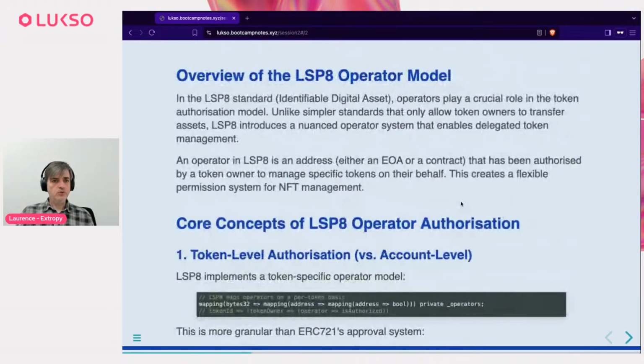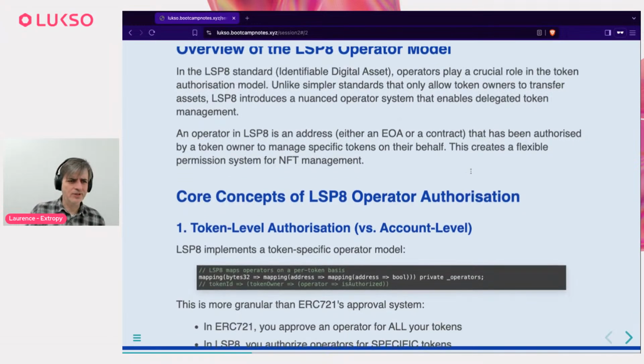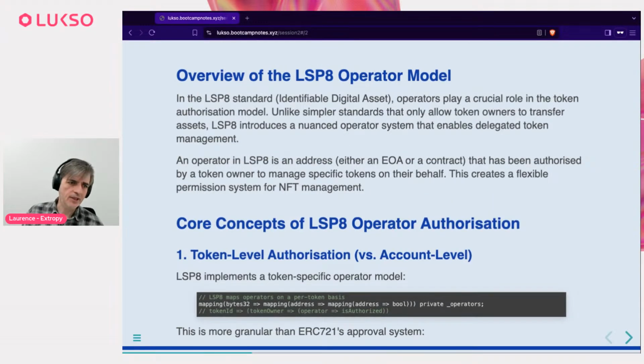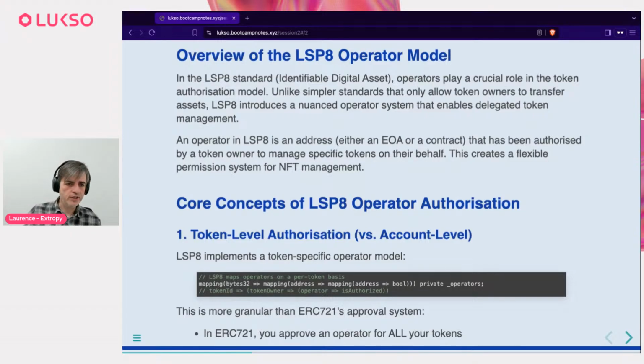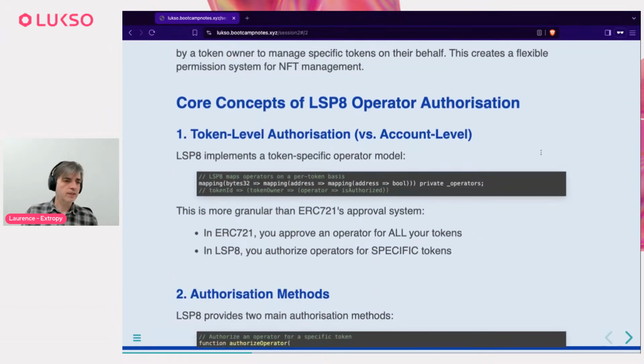let me move on. So, oh yeah, I think I've sort of said some of this already. So this is looking at it more now from the operator point of view, and looking particularly at the authorization of that. Some of the key points here are that we can be much more specific. So we can do this based on a token level rather than the account level, as you can see here.